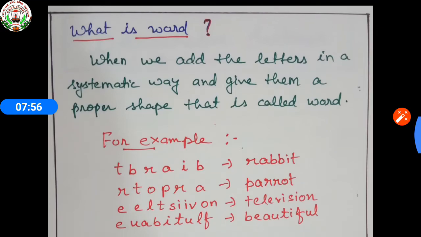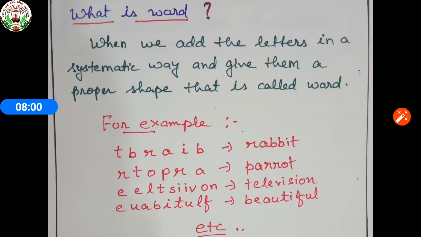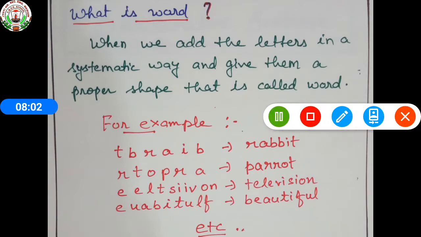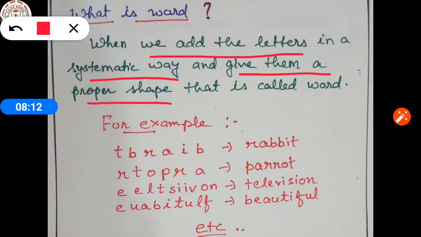Now, see the other definition of word. When we add the letters in a systematic way and give them a proper shape, that is called a word.